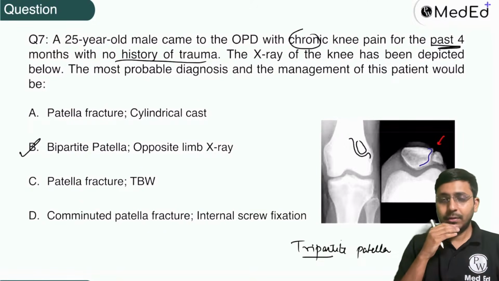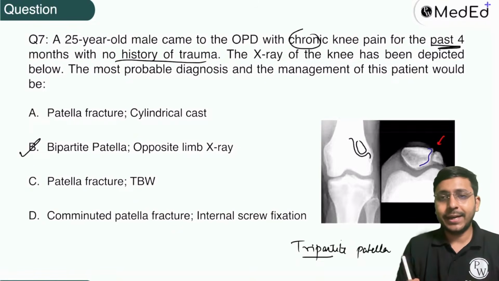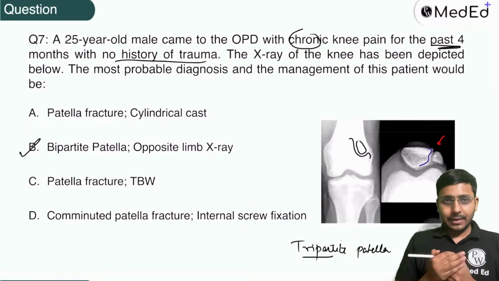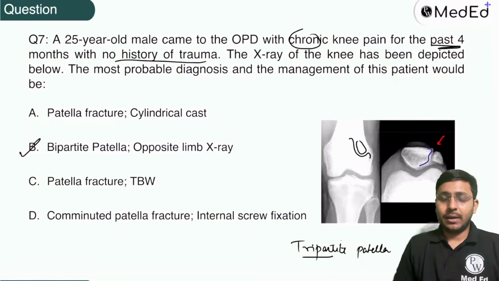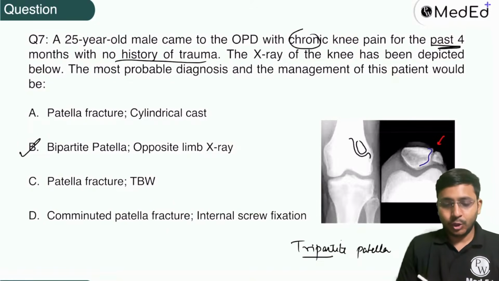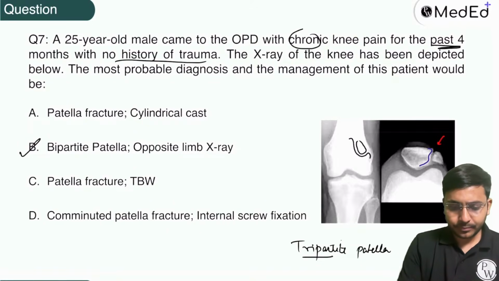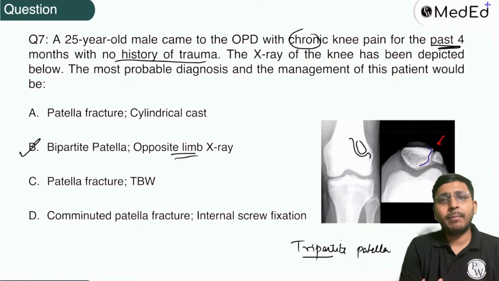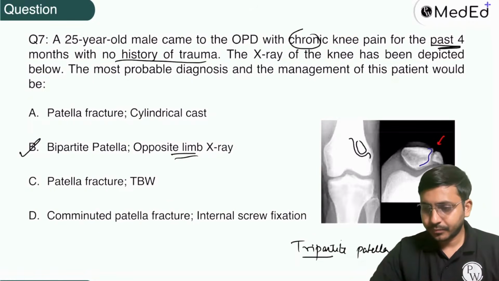The pointers toward it are no history of trauma and a long standing history of knee pain, and this is a developmental abnormality. So what you have to do is do an opposite limb X-ray, give the patient some painkillers, ask him to do some physiotherapy, and this will resolve on its own. So conservative management is the treatment for a bipartite patella.